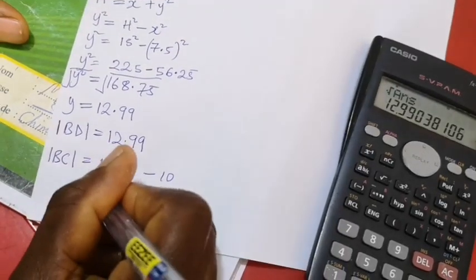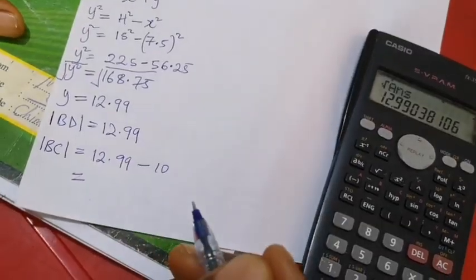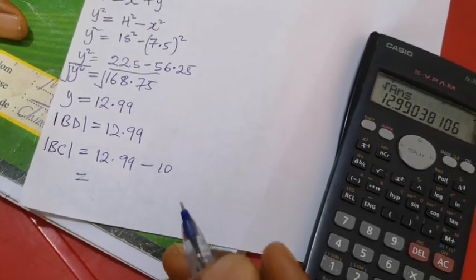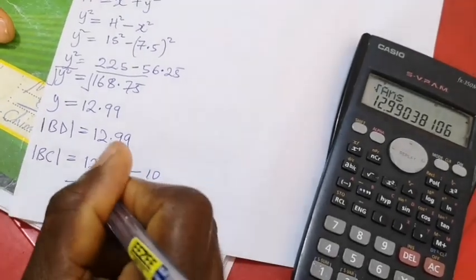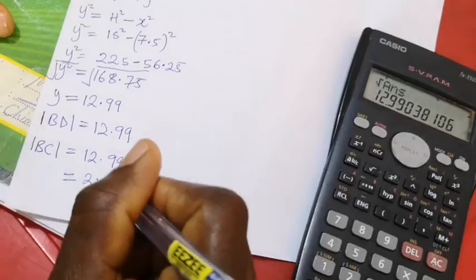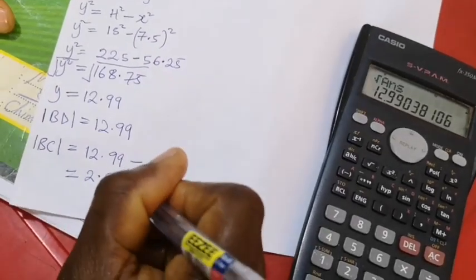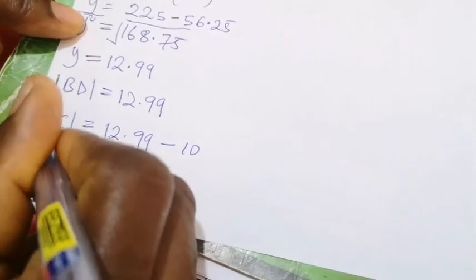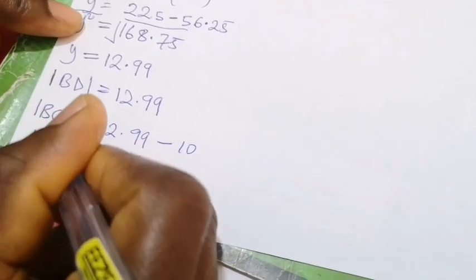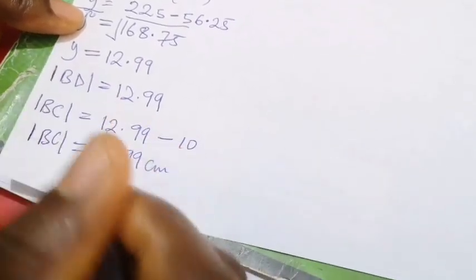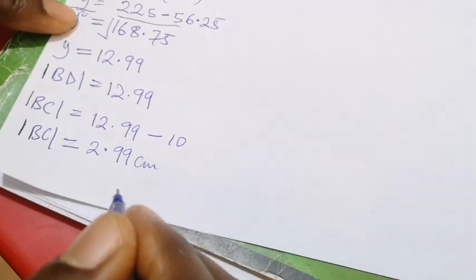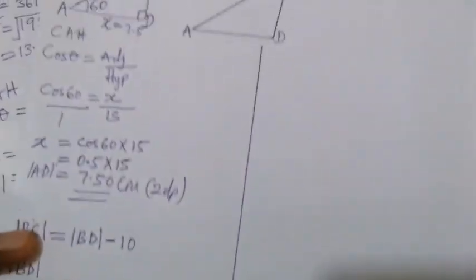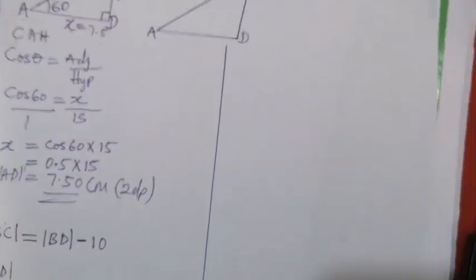Okay, so if you take 10 away from this, it will give you 2.99. That means that our line BC is 2.99 cm.